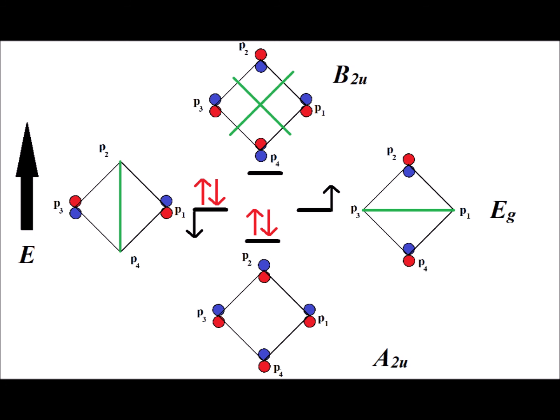We would lift the degeneracy by distorting the molecule from a square shape to some kind of a rectangular or diamond type shape. From the theorem, we don't know exactly what the shape's going to look like after it distorts, but we do know that it is going to distort.